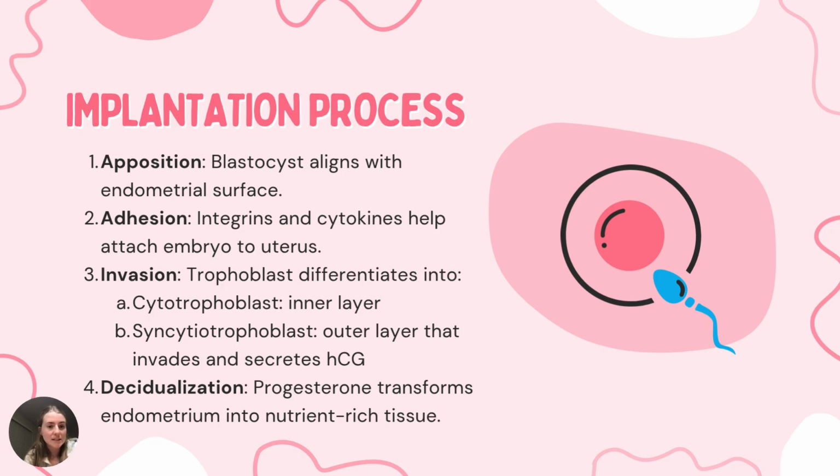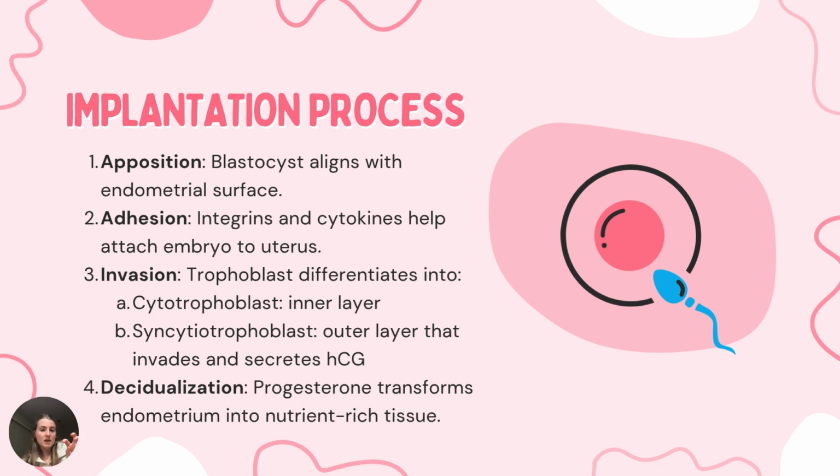So this next slide goes into a little bit more detail about the implantation process. It happens in these major steps. The first one is apposition, when the blastocyst aligns with the endometrial surface.